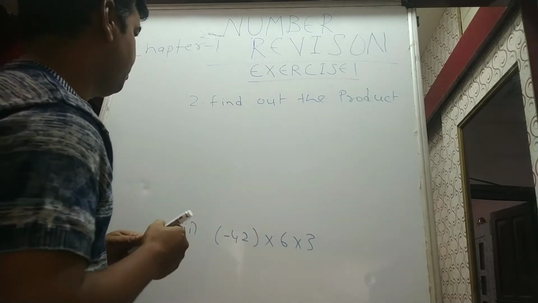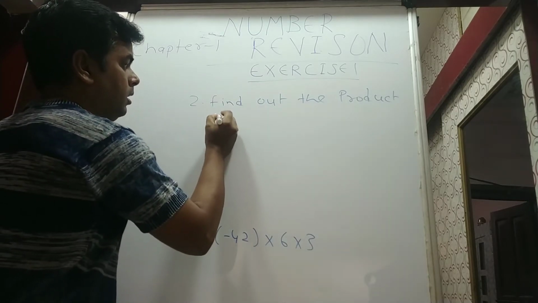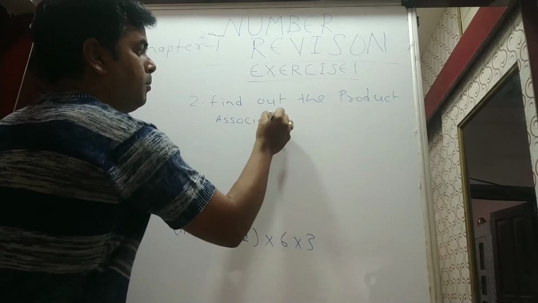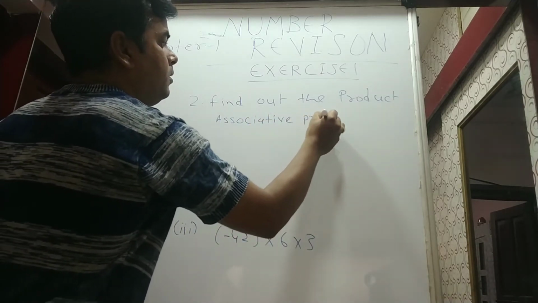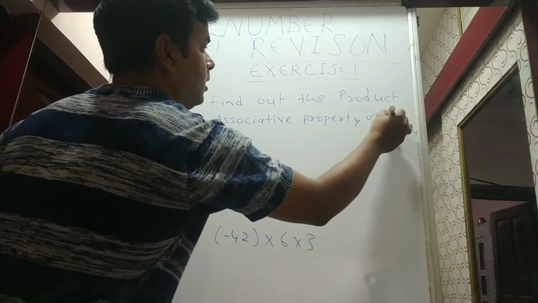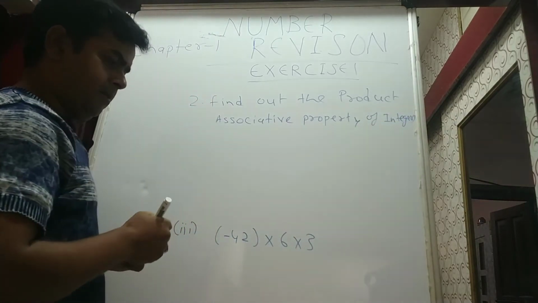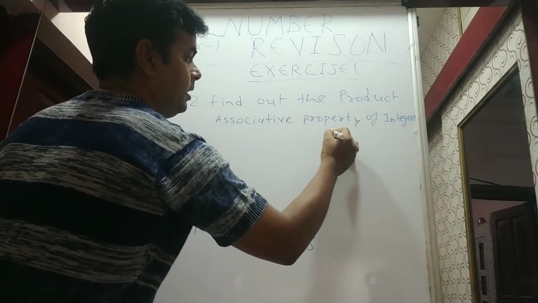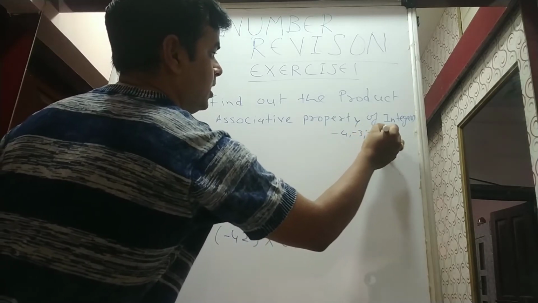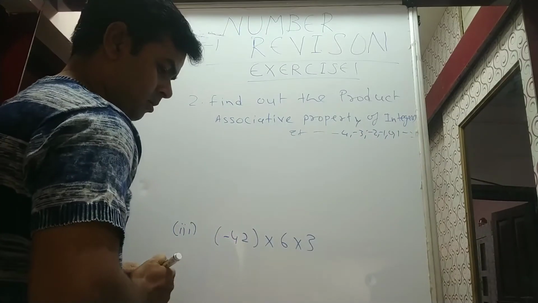So there is a property, called the associative property of integers. What is an integer? Any number from any negative number like minus 3, minus 2, minus 1, 0, 1, 2, 3, 4, any number till here, any number till here. Okay.